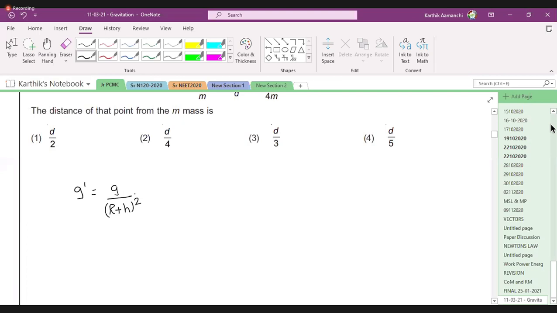So take it up, go for your binomial expansion. Delta G by G will be equal to minus 2 delta R by R. This is how much? 1.5%. It is reducing, so minus into minus is plus. Understood.